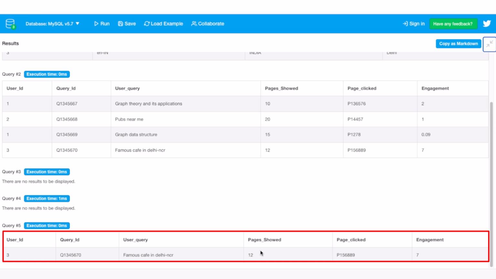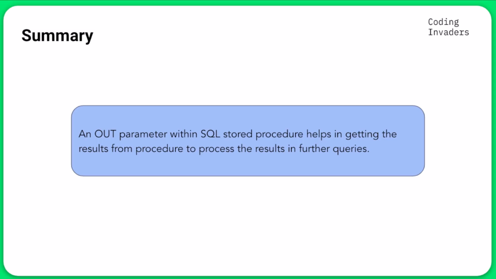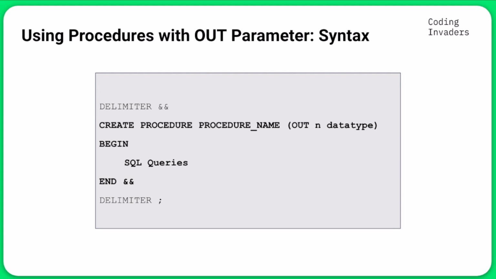I hope the procedure is clear to you. Now let's summarize. An out parameter within a SQL stored procedure helps in getting the results from the procedure to process the result in further queries. For the syntax, we start with the delimiter, use the keyword create procedure, then the name of the procedure.